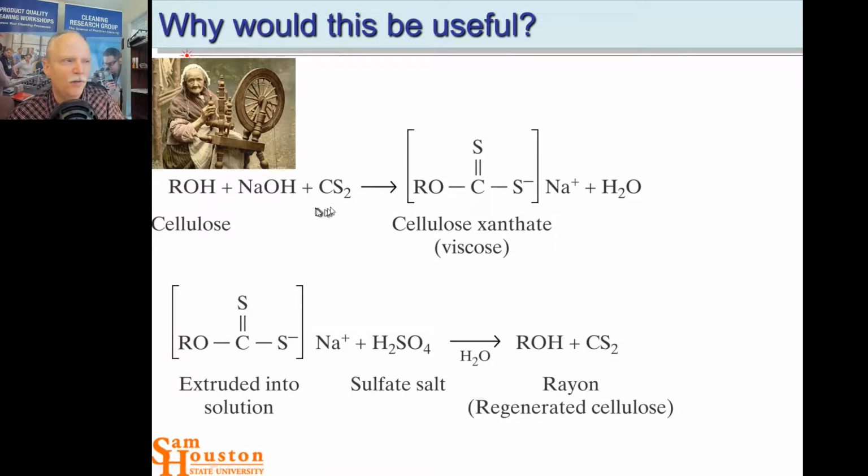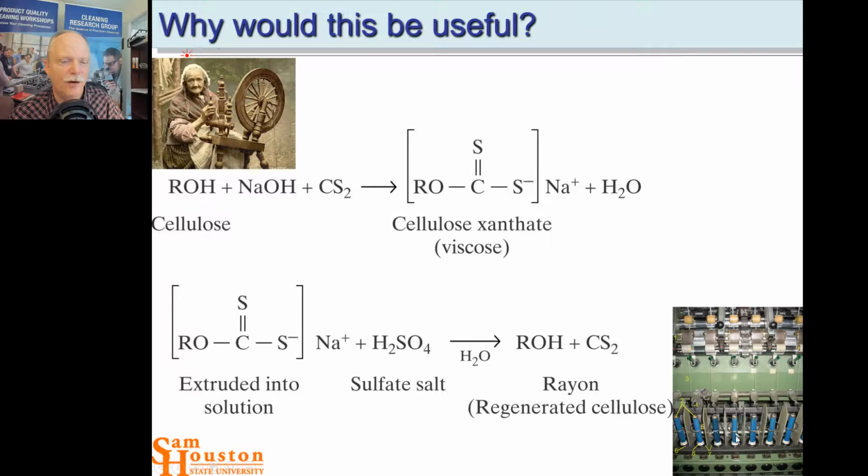But when we go through this process and make this cellulose xanthate, then we can mix those fibers together at the molecular level in solution, and we can extrude that and regenerate it and make rayon fiber, and then those threads can be literally miles long. I mean, they can go onto these spools. They're much stronger because they're entangled at the molecular level, not just at the macro level.